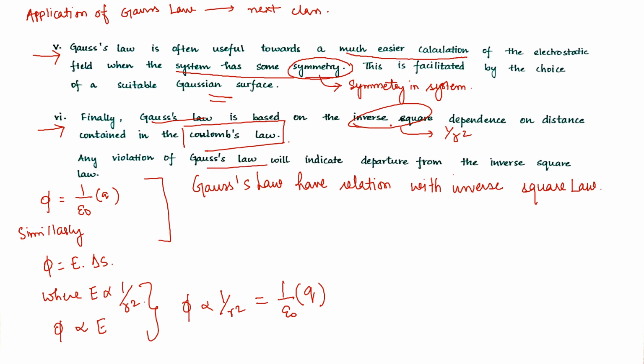Any violation of Gauss's law will indicate departure from the inverse square law.